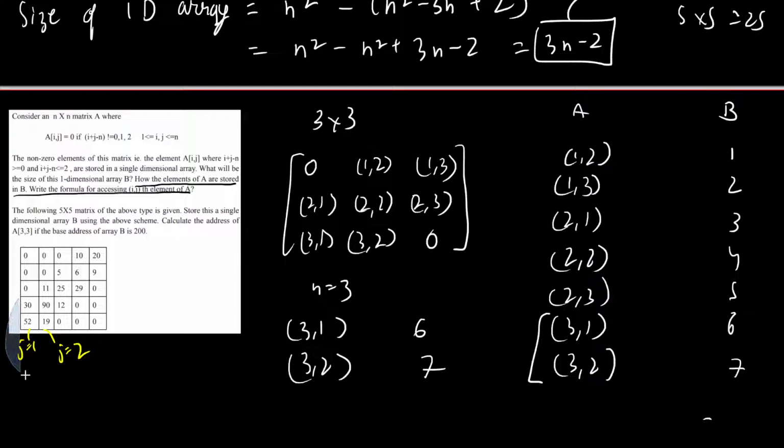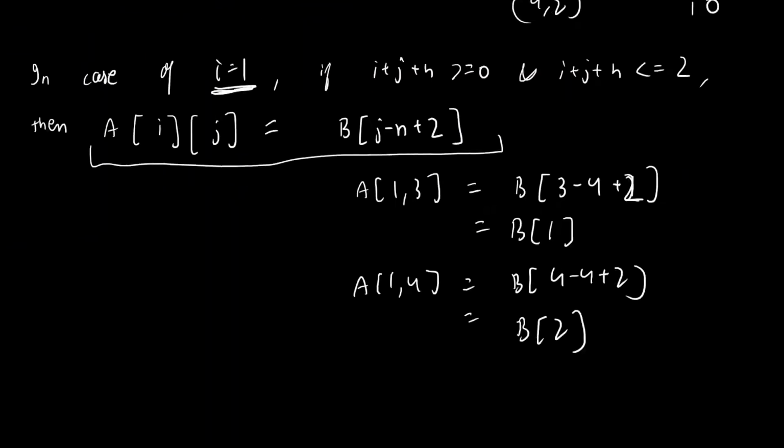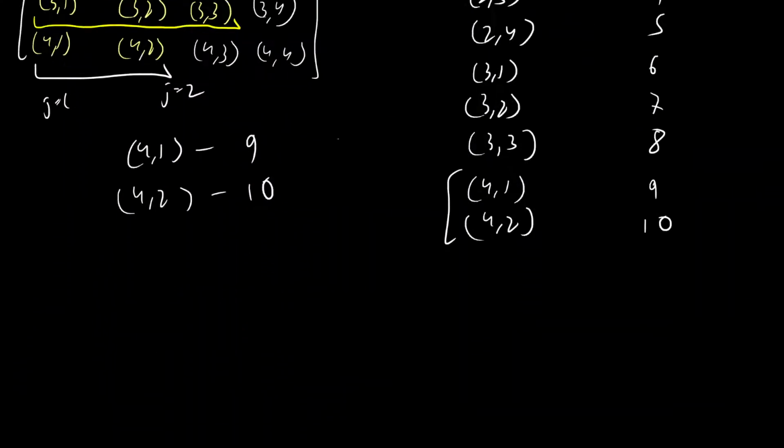So if i equals n, one thing we have obtained is if i equals n, then j equals 1 or j equals 2. This has to happen for every matrix.